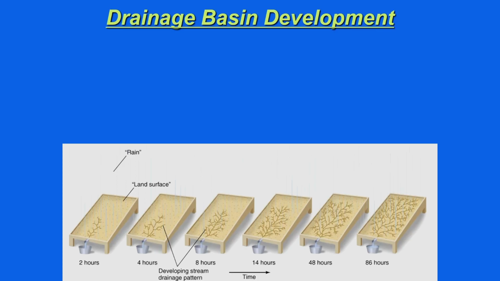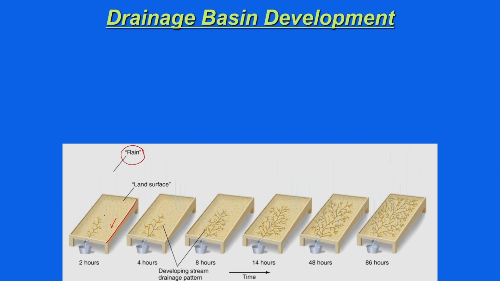If we take an example of how a drainage basin develops, here the illustration shows that if you have a slope in the area and you have precipitation, then you tend to see the formation of a drainage basin.